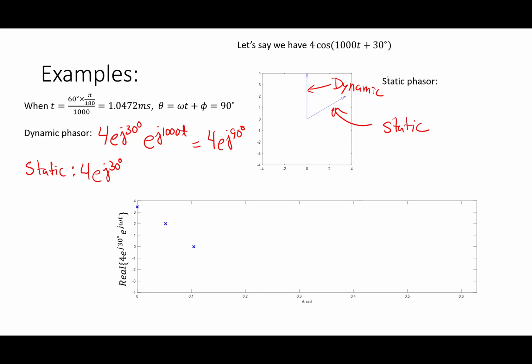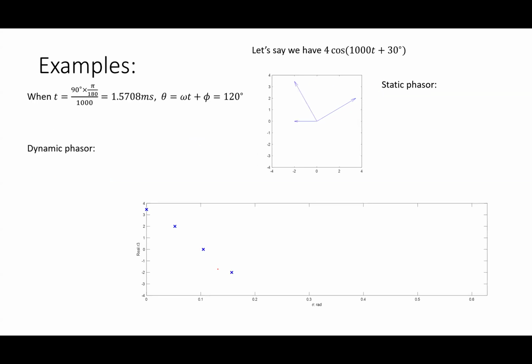Where's the real part? 0. The real part is 0 because it's always the real part of the dynamic one, right? And the dynamic one's pointing straight up, so it's purely imaginary, so it has no real part. So the real part I'm seeing looks like it's tracing out a cosine, okay? I keep going. Now in this particular case, what happens when theta is equal to 120 degrees?